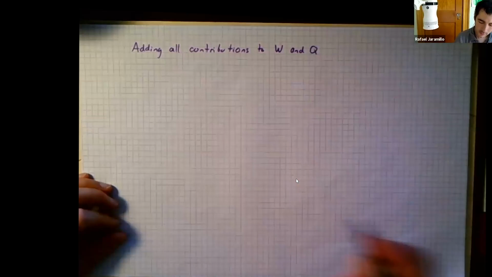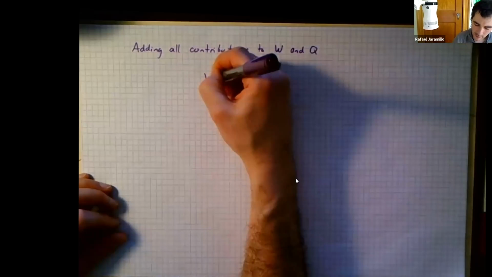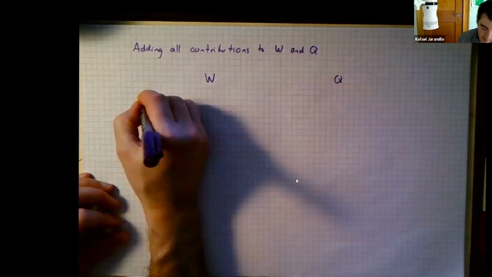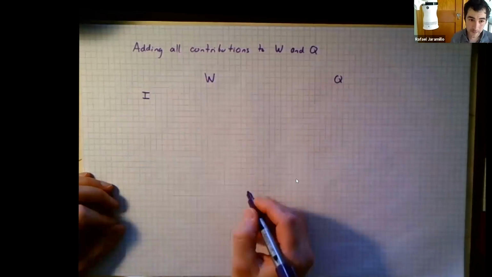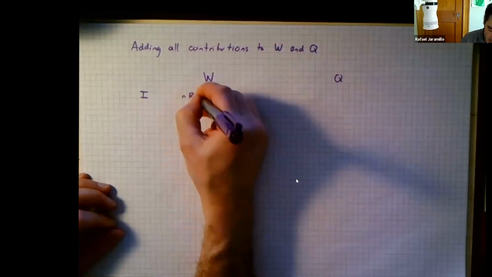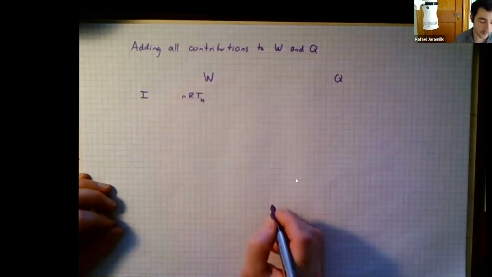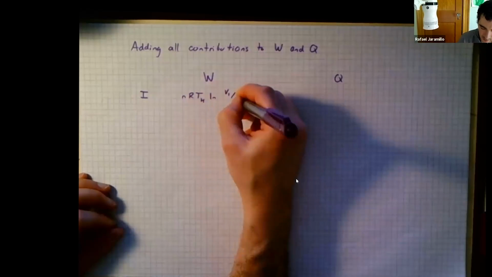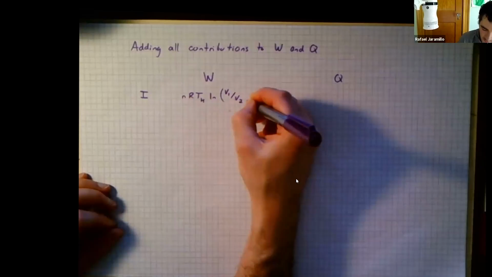Okay, we're going to have work, we're going to have heat, and we're going to have the different segments. So segment 1 was isothermal. We calculated the work. It was nR T_hot log V1 over V2, using the notation of the cycle that we set up before.